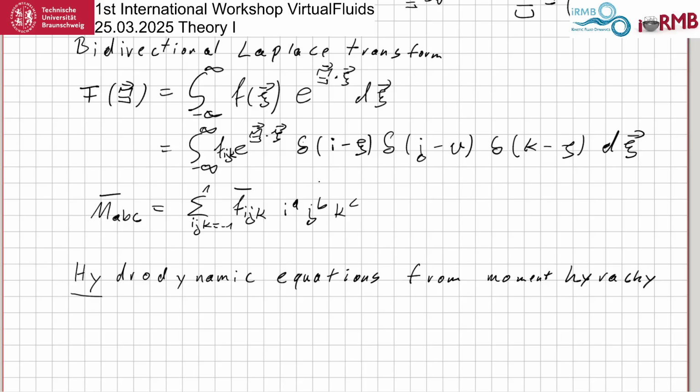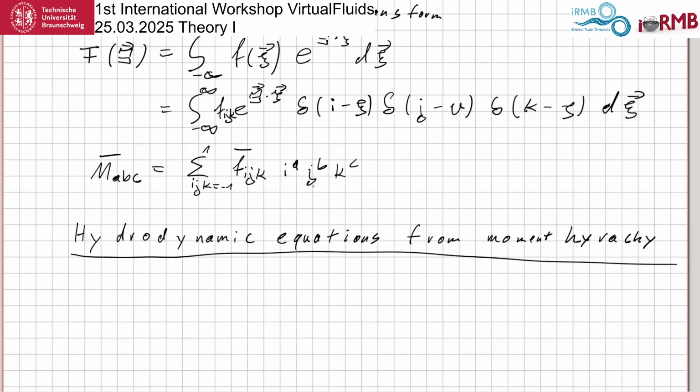Because if you take the moments of this equation number 1, of the Boltzmann equation, and this is true not only for the discretized Boltzmann equation that we use here, but for the Boltzmann equation in general, if you take moments of the Boltzmann equation and you truncate, then you get to the Navier-Stokes equation.